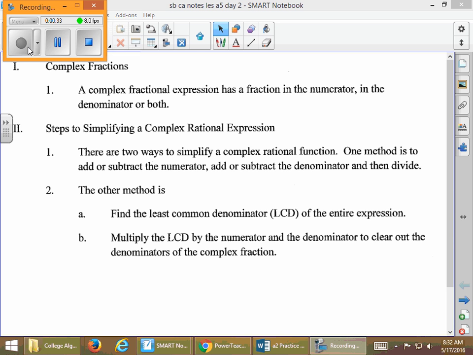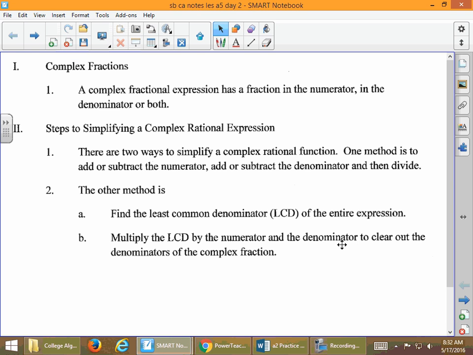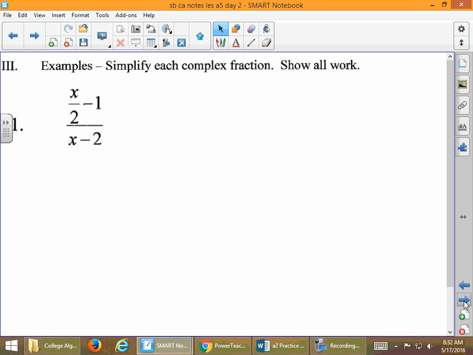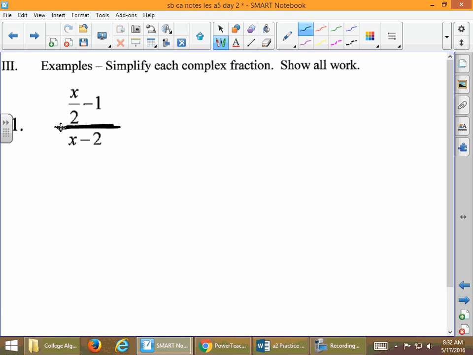It sounds more complicated than it is, but it does take a couple of examples to understand what is happening. I am going to make our division line just a little bit darker here, because what we have is x over 2, x divided by 2 minus 1, and then divided by x minus 2.